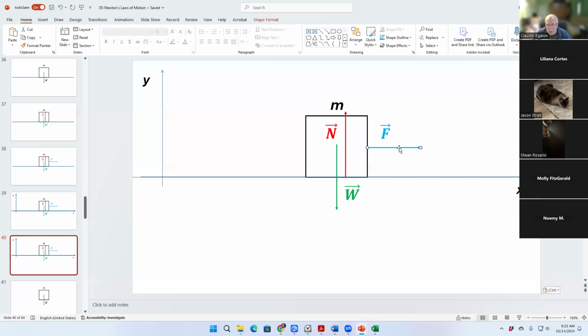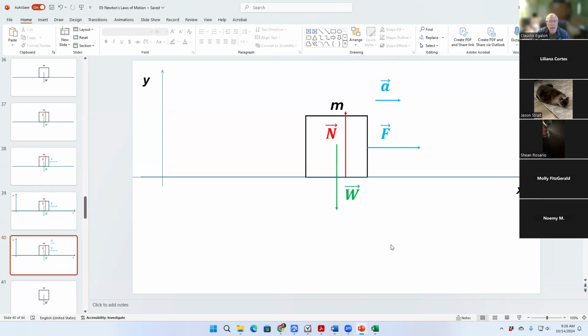Because of that, we can guess that the acceleration is also going to be parallel to this horizontal force. Okay, and here you go. I'm even putting it in the same color because they're in the same direction, okay? They're not the same thing, but they're in the same direction.